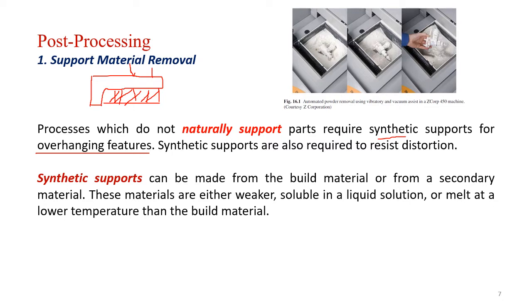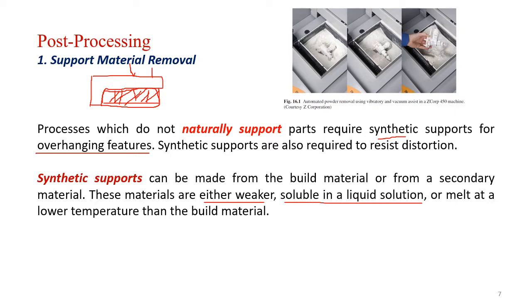Next, synthetic supports can be made from the build material. Sometimes we can build them with the build material itself, like in case of a powder based fusion technique, or we can have secondary materials also, like polymers. But these materials should either be weak or soluble in liquid solution.